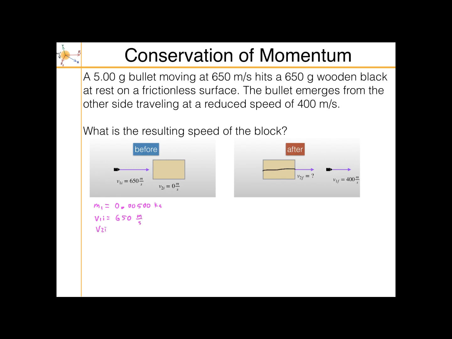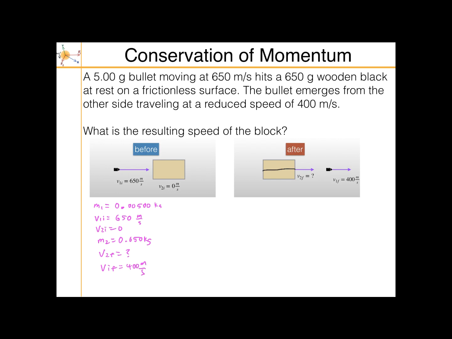The initial speed of the block is 0. The mass of the block is 650 grams, so it's 0.650 kilograms. We want to find how fast the block is moving after the collision with the bullet. We do have the final speed of the bullet as well. It is 400 meters per second.